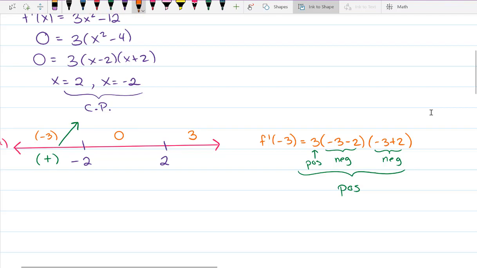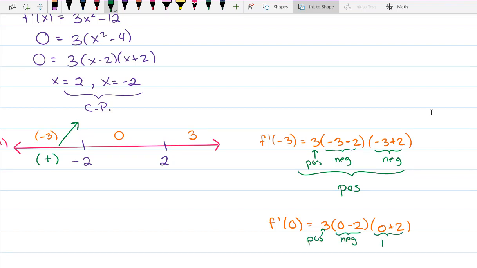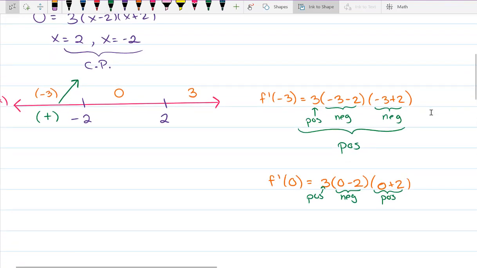Now we need to pick a value in between negative 2 and 2. And that's where we're going to choose 0. So f prime of 0 is 3 times 0 minus 2 times 0 plus 2. Now this is positive. This piece is going to be negative, and this piece is going to be positive. So altogether, this makes a negative. So from negative 2 to 2, we have negative.